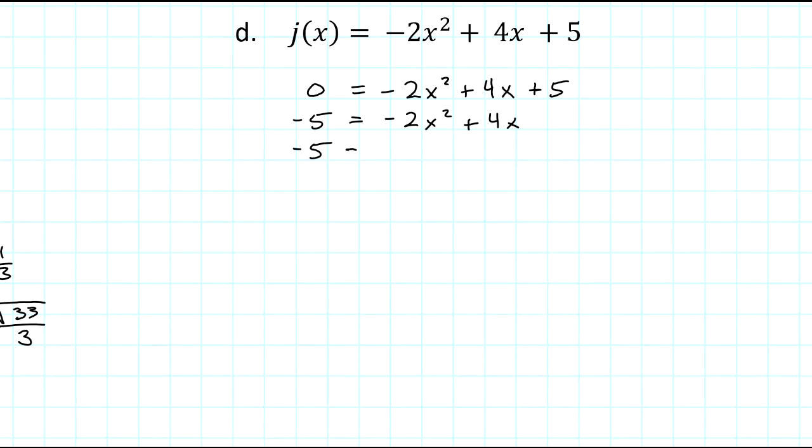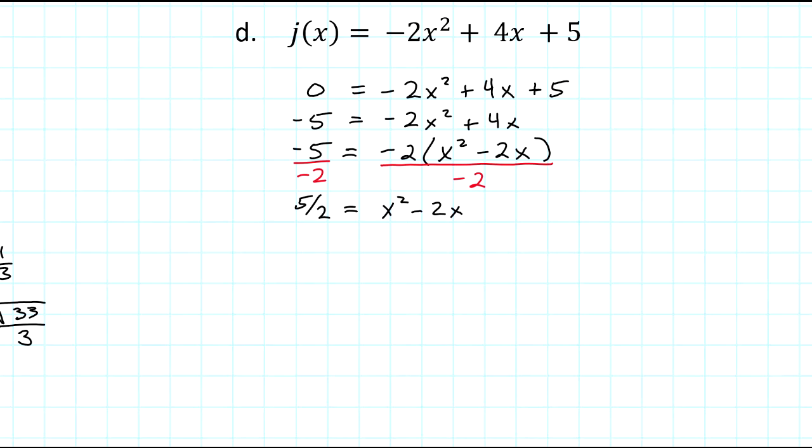We can go ahead and factor the negative 2 off of the right side: minus 2 parentheses x squared minus 2x inside the parentheses. And then divide both sides by negative 2 to get 5/2 equals x squared minus 2x.